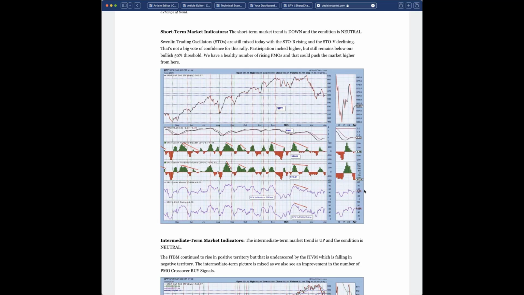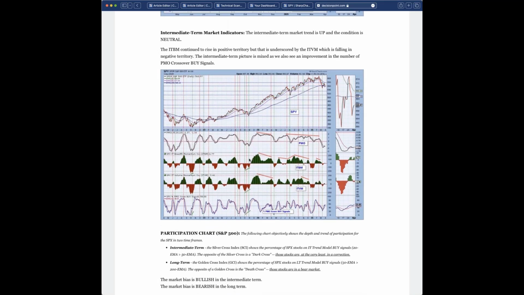You can see that participation currently is below our 50% bullish threshold, but we do have 64% of stocks with rising momentum, or rising PMOs. So that's not a bad foundation to continue to get higher prices from here.